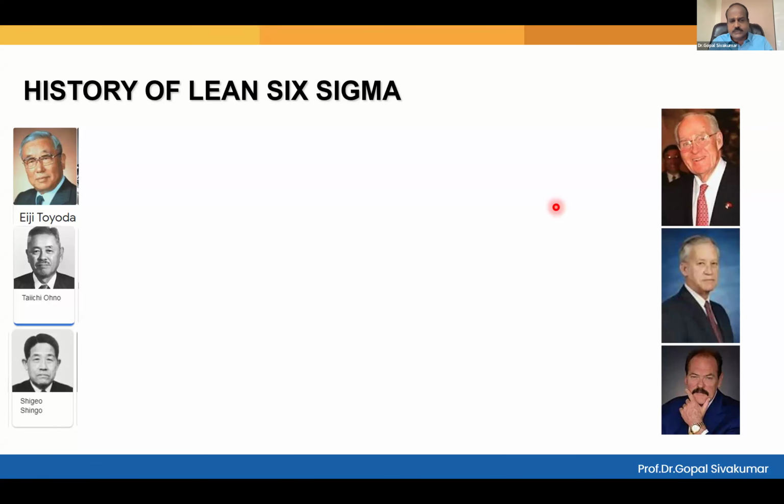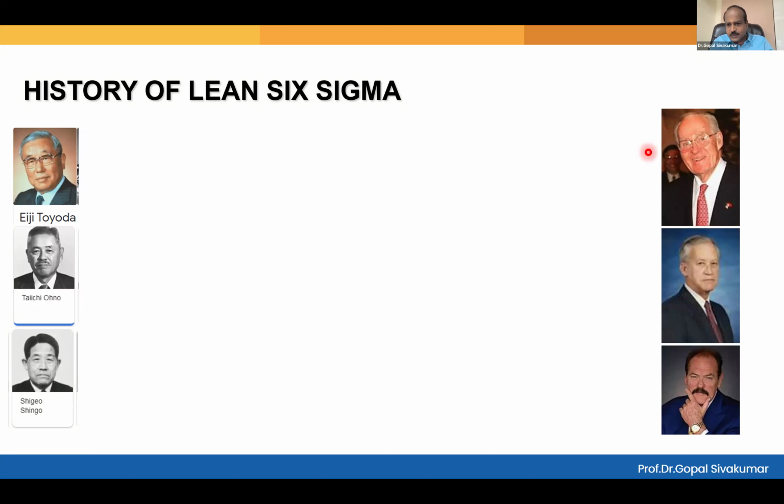So to overcome the competition of the Japanese companies, Motorola, again an American company, embarked on a new approach, which they named Six Sigma. The ultimate objective is to overcome competition, especially from the Japanese companies. It's a statistical method, actually.